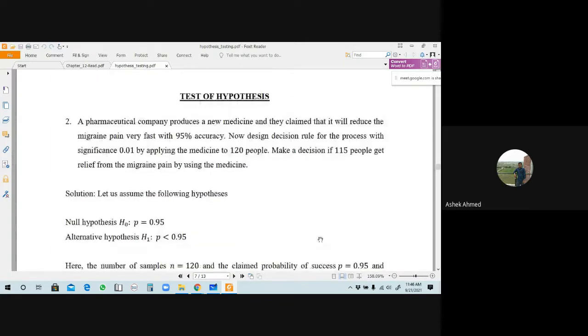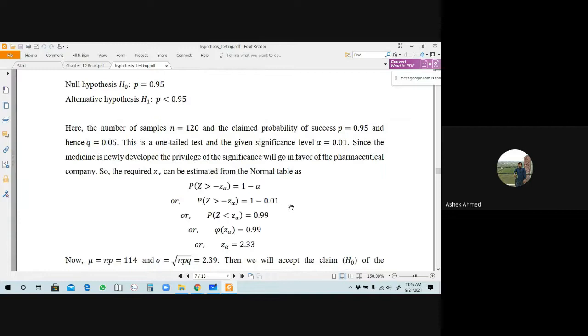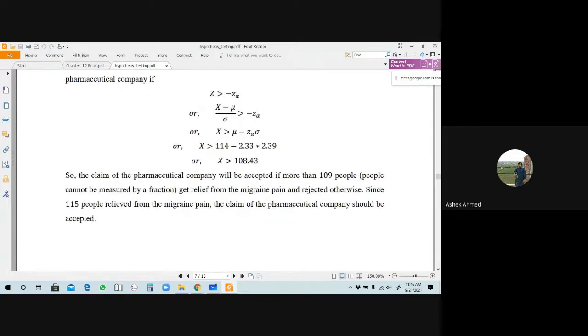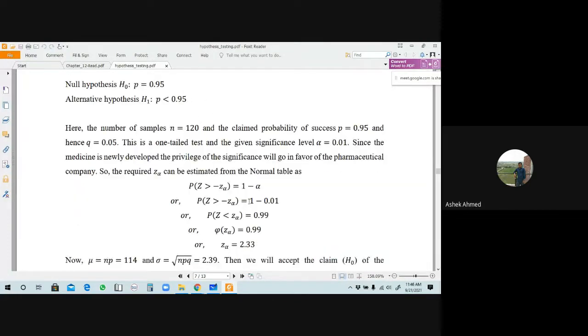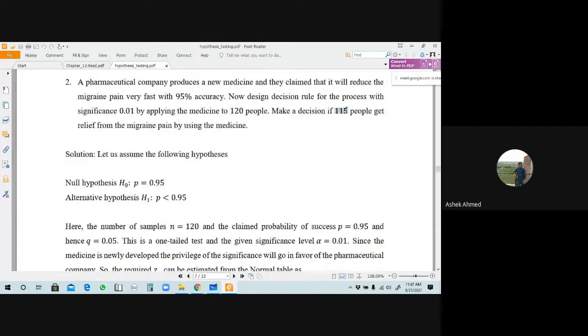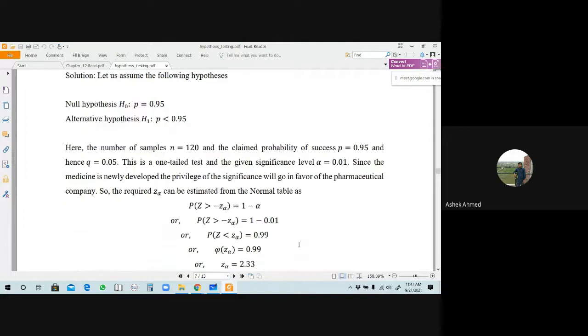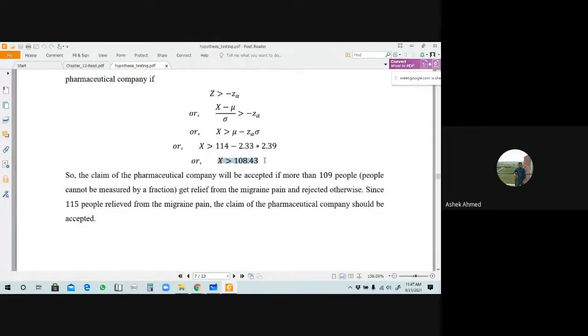In the last line, we have to make a decision: if 115 people get relief from the migraine pain by using the medicine, is the claim accepted? Our inequality concept: if the number of people is greater than 109, they get relief from the migraine pain. The number of people given here is 115. Can you say whether 115 satisfies this inequality? Yes, it satisfies. So we can say 115 people get relief from the migraine pain, and the claim of the pharmaceutical company should be accepted.